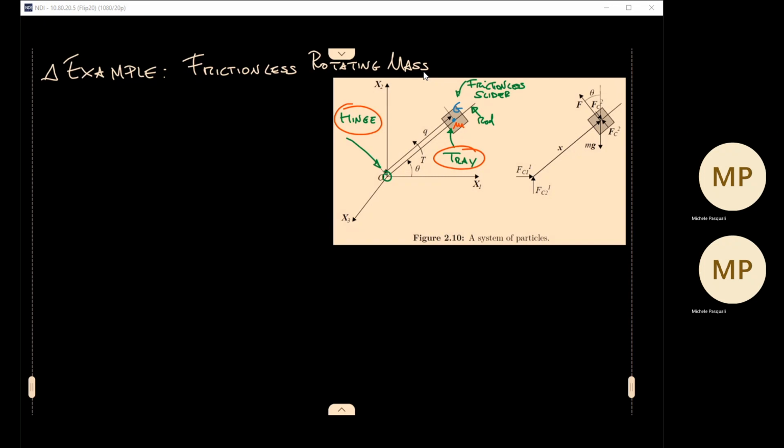The other one is the force that the mass exerts on the rail, which is equal and opposite in sign, and has application point on the rail. So the points of application of these two forces are different.